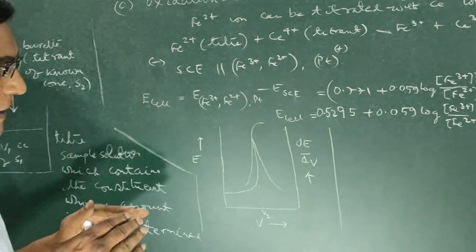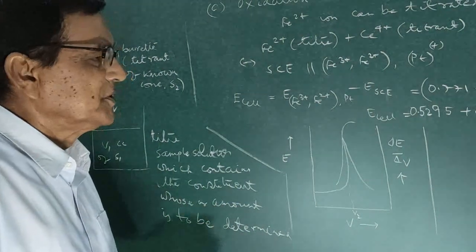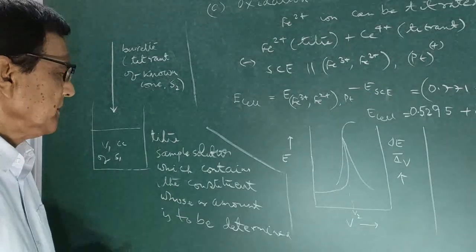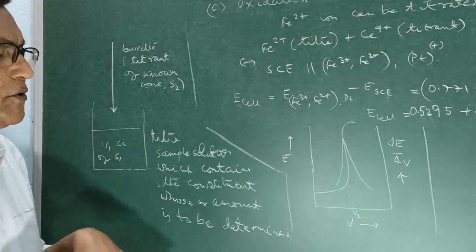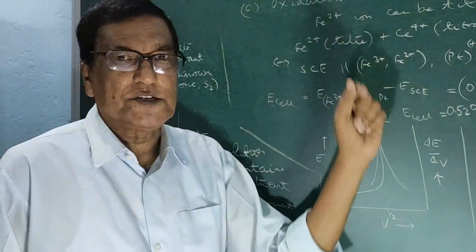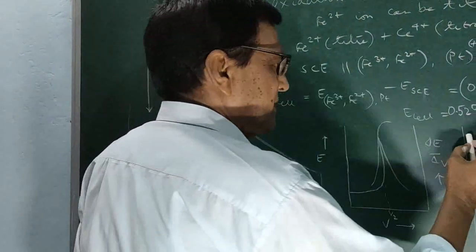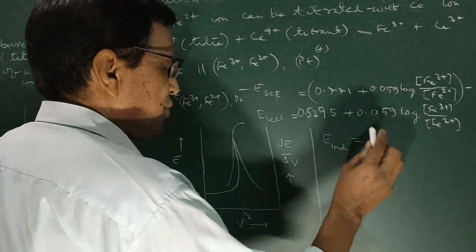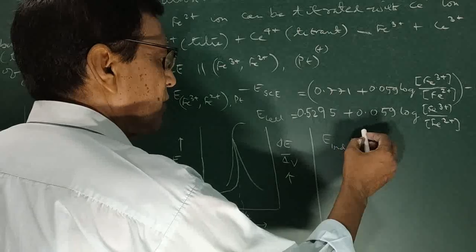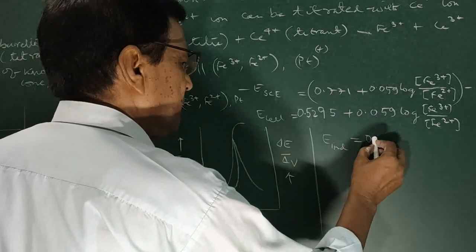And after the start of this reaction, the potential of this indicator electrode will be controlled by the ferric-ferrous system.